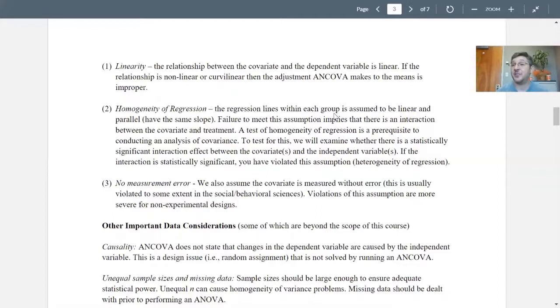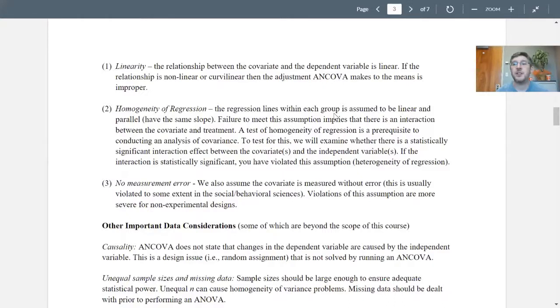If that interaction term is statistically significant, then we have violated this assumption and we should stop the analysis and not do an analysis of covariance. If the interaction term is not statistically significant, then we have evidence that this assumption is satisfied, and we can continue on with the analysis of covariance.